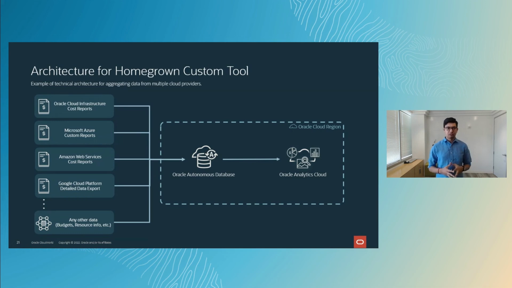Along with all of these cost reports, you can also bring in other data. For example, budgets, resource information, and any other ownership information, your company structure or anything like that, to enhance the cost data that you have in the data warehouse now.